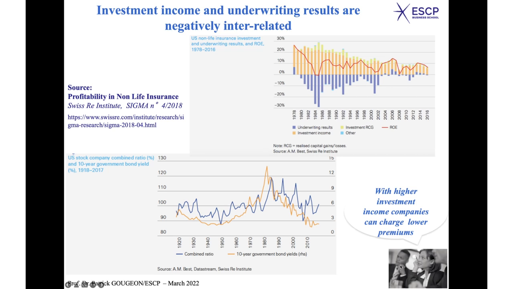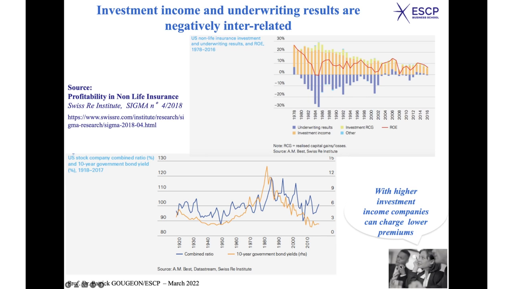You have the combined ratio, which is the blue curve, which is increasing and then decreasing, but which is following the 10-year government bond yield, which is an expression of long-term interest rates. The combined ratio is moving up when interest rates are moving up. It means that when insurers are increasing their financial income because interest rates are moving up, more of that financial income is redistributed to policyholders.